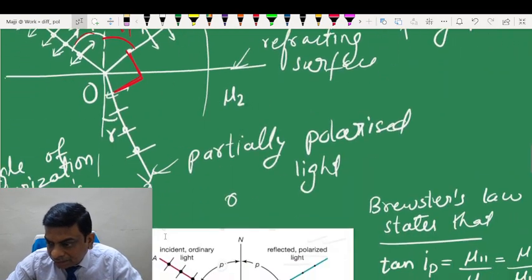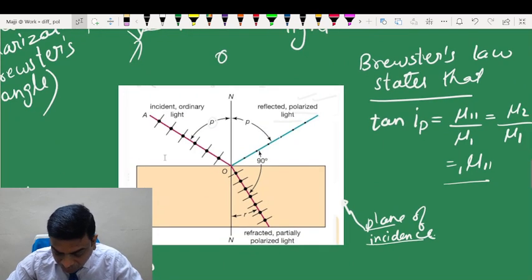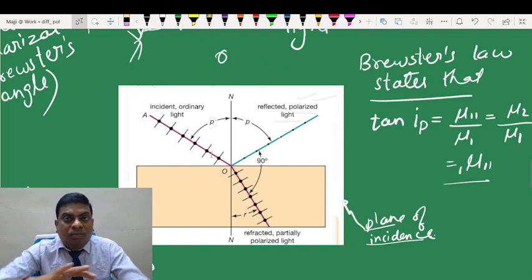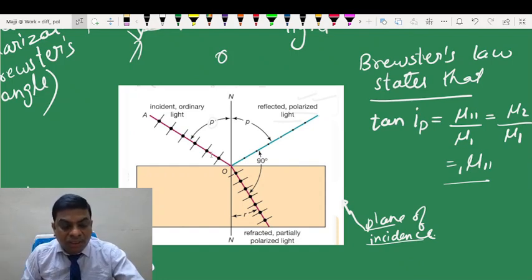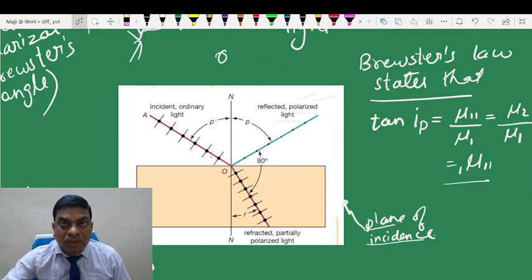So here you see in this diagram, originally the light was unpolarized and there were equal numbers of electric field components in the plane of incidence and perpendicular to the plane of incidence. Unpolarized light, because electric field components are randomly distributed, but though randomly they are equally distributed in space in all the directions perpendicular to the direction of propagation.